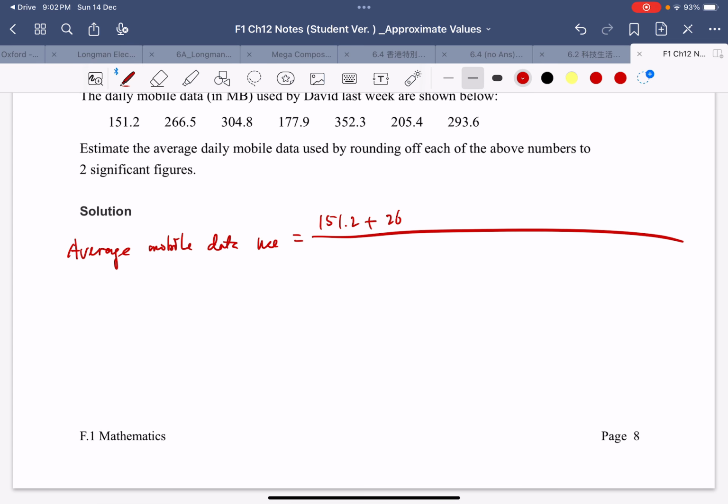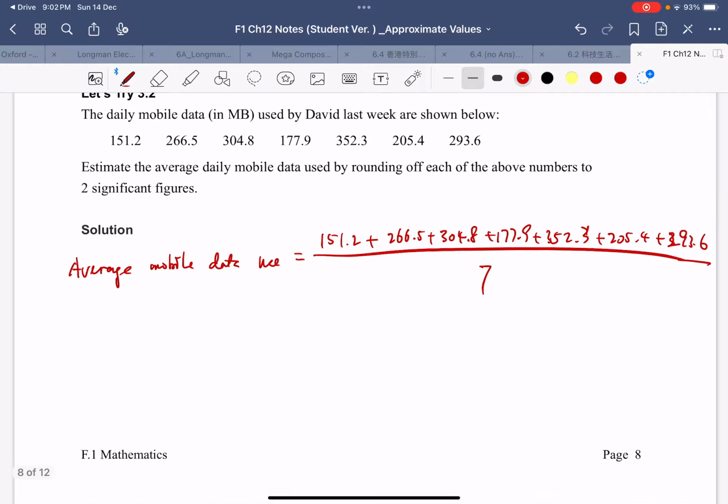And here, just add up all numbers. Okay, divide by how many numbers here? 7. Right?